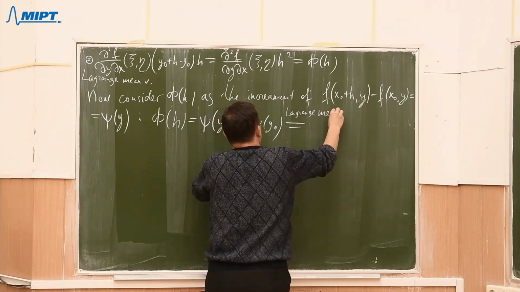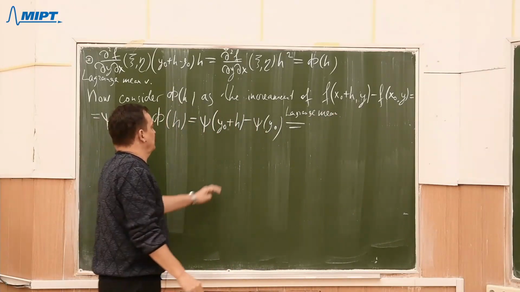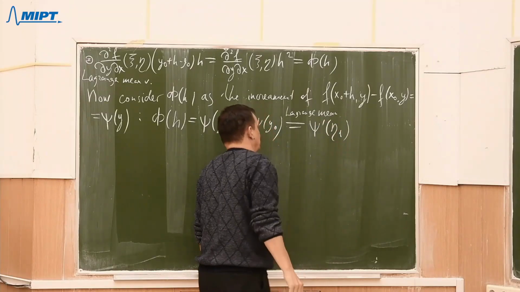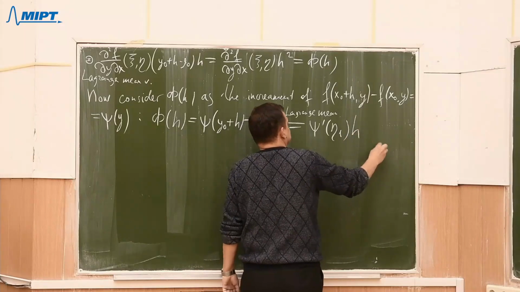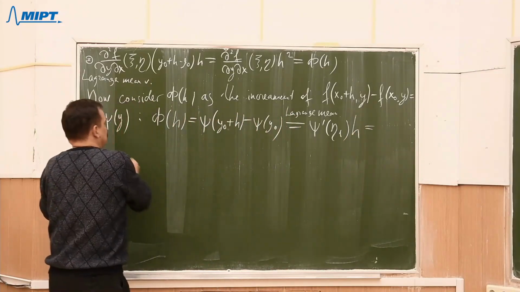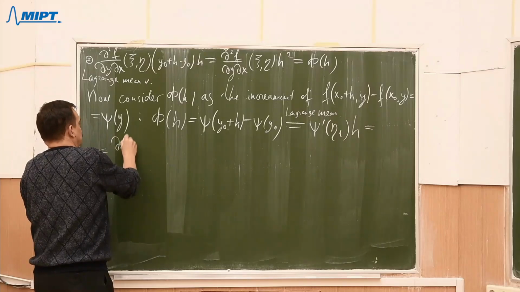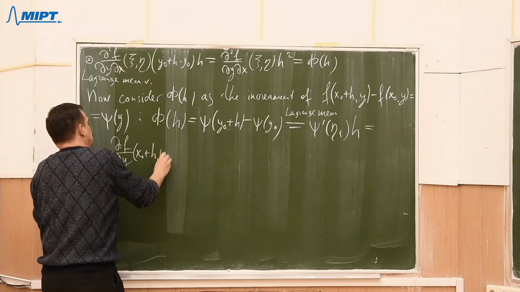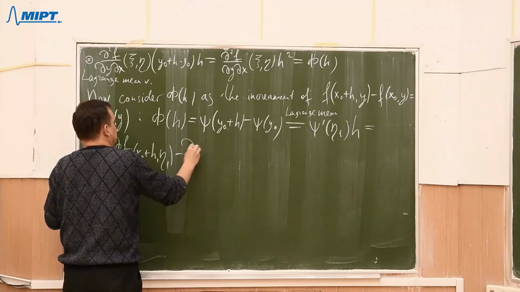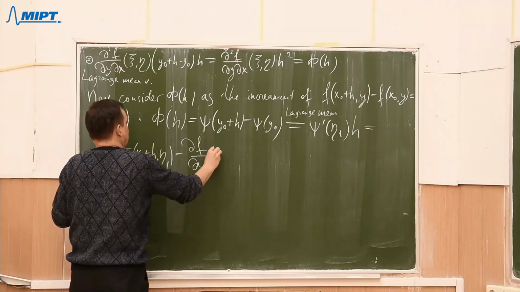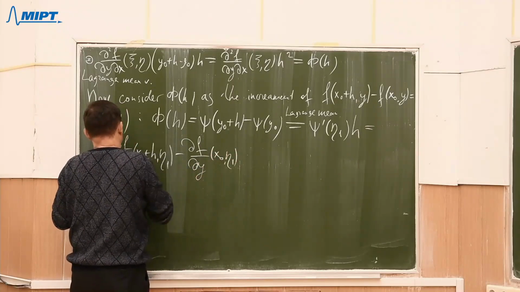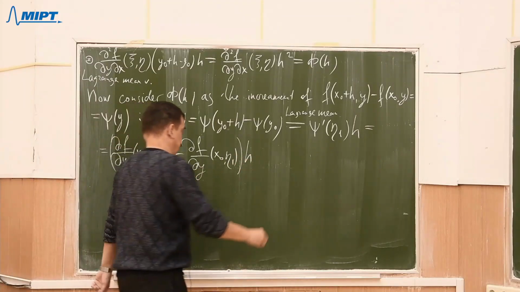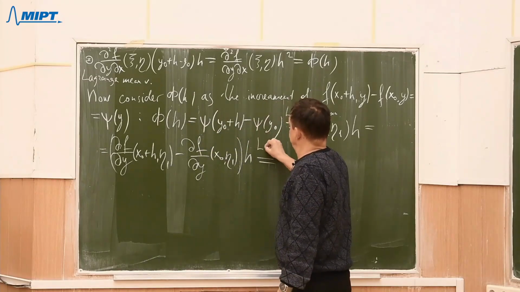Lagrange mean value. Then we have a point, let it be eta 1, times h. Psi prime is precisely the partial derivative of f with respect to y at x naught plus h, eta 1, minus the partial derivative of f with respect to y at x naught, eta 1, times h. Once again we apply the Lagrange mean value theorem.